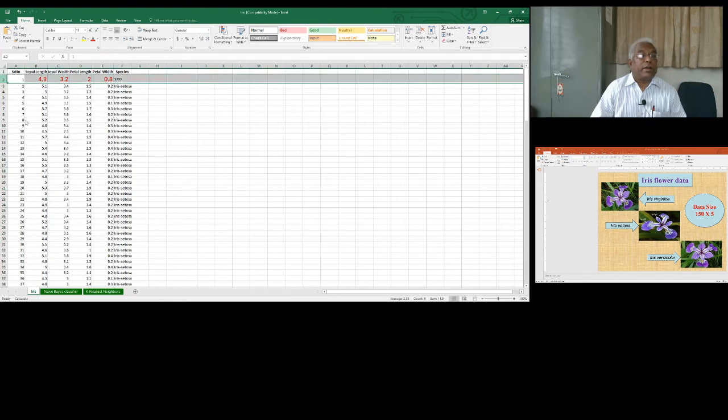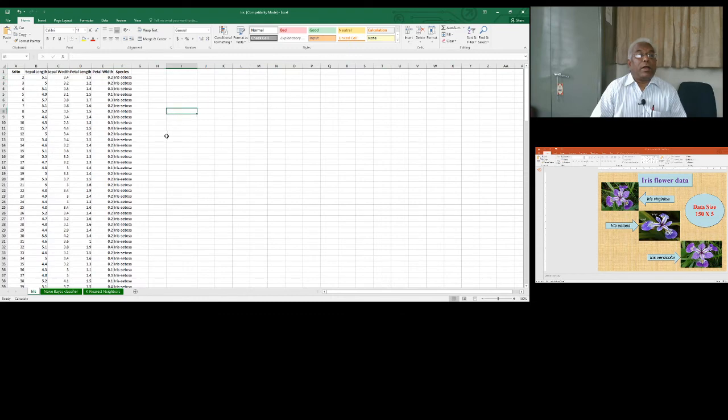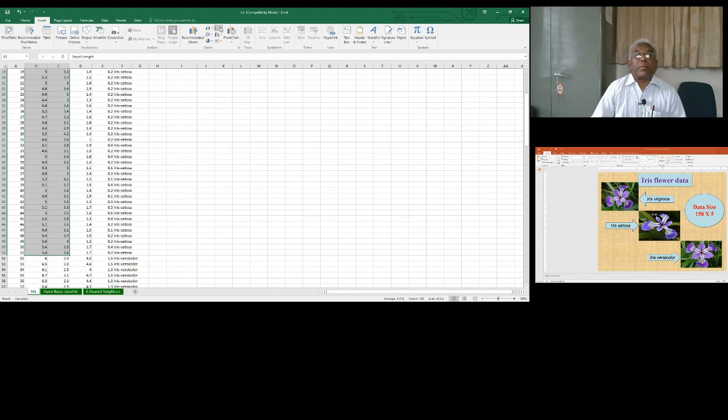And now see, this is all the data about Iris.Xls. I will take sepal length and sepal width and try to plot the graph. So this is the plot about Iris.Xls and I will insert a scatter plot.